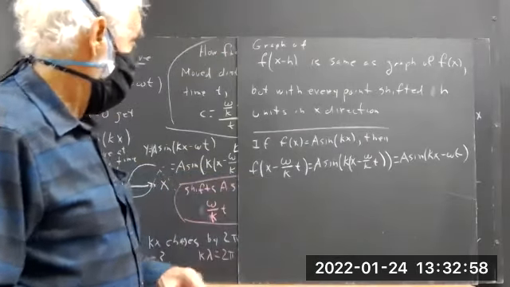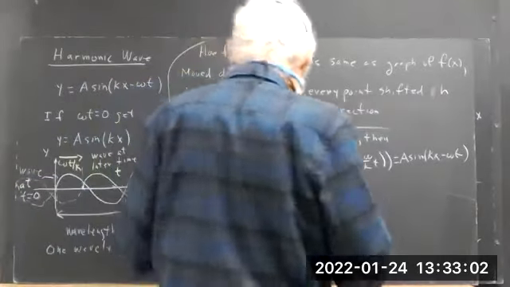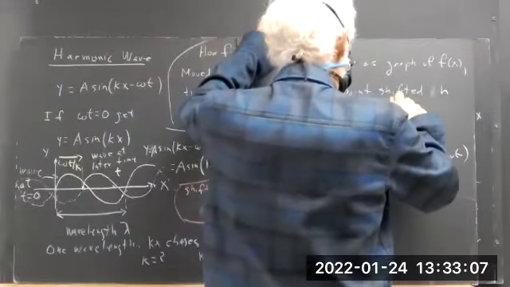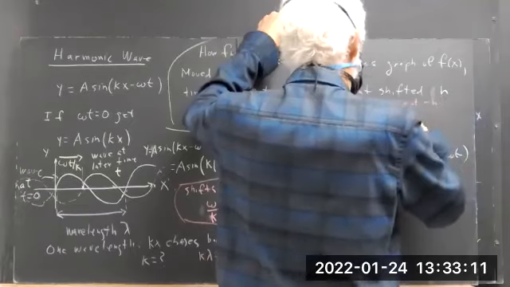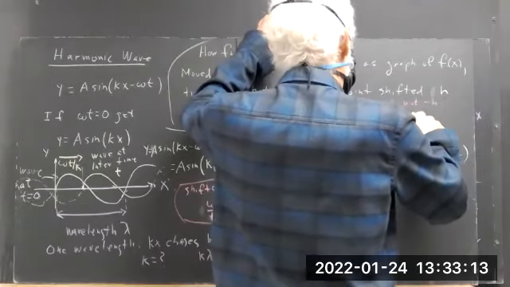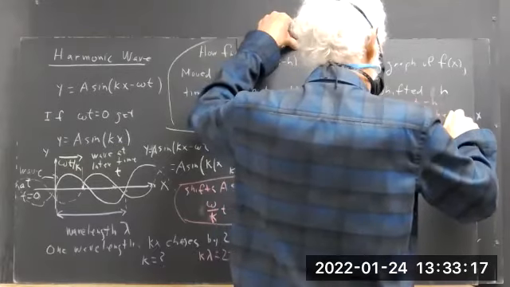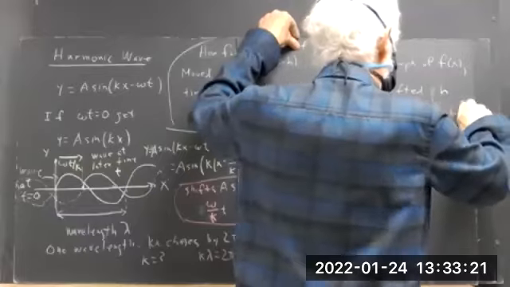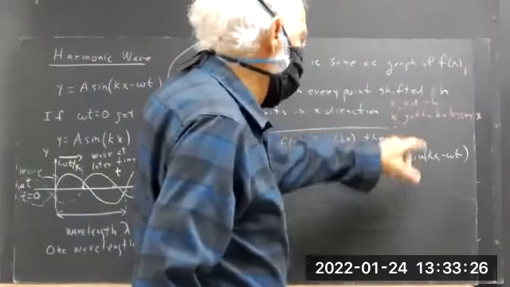Okay. Now, why does it shift in the positive direction? In the vernacular, it's h, it's not negative h. That x has got to be bigger.